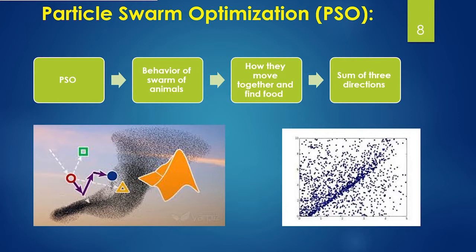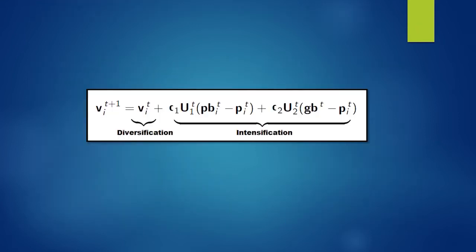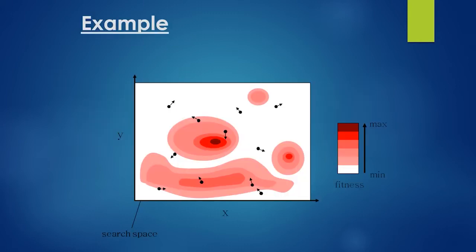There are three directions and three vectors and position in this algorithm, and we have this formula of the algorithm, and this is an illustration showing how the algorithm tries to find the optimal solution.